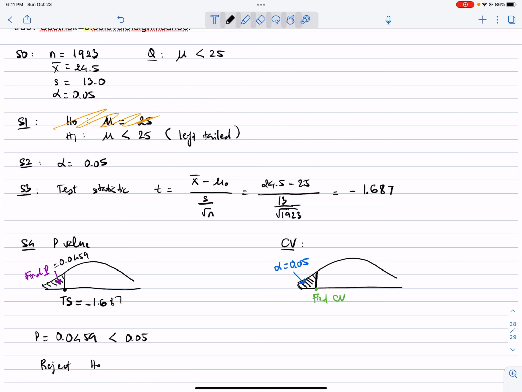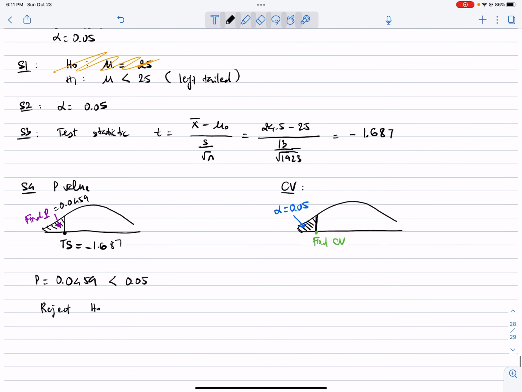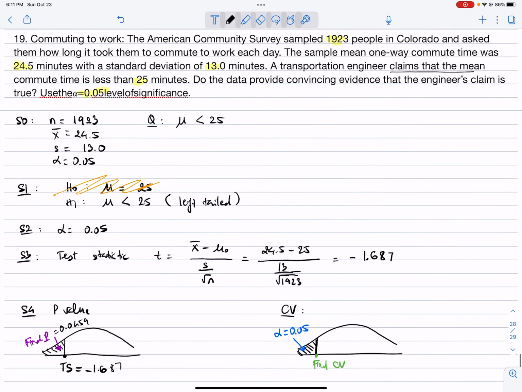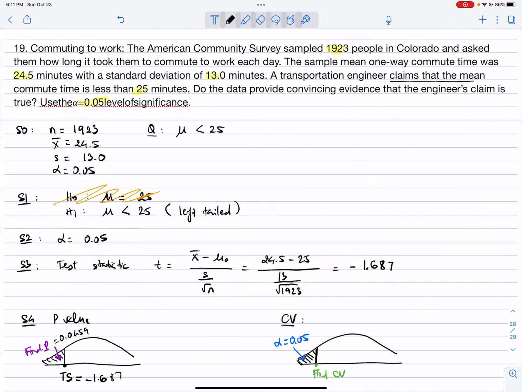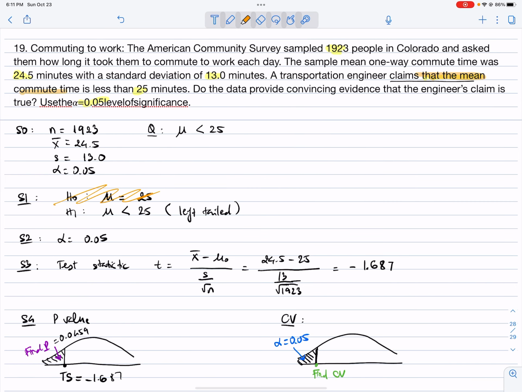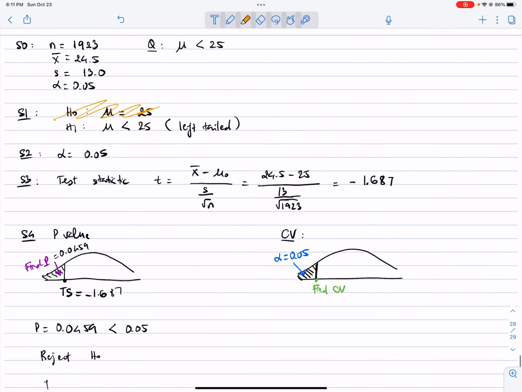The alternative says mu less than 25. So we make the conclusion that the mean is less than 25. In a full sentence, we will say that the mean commute time is less than 25 minutes.